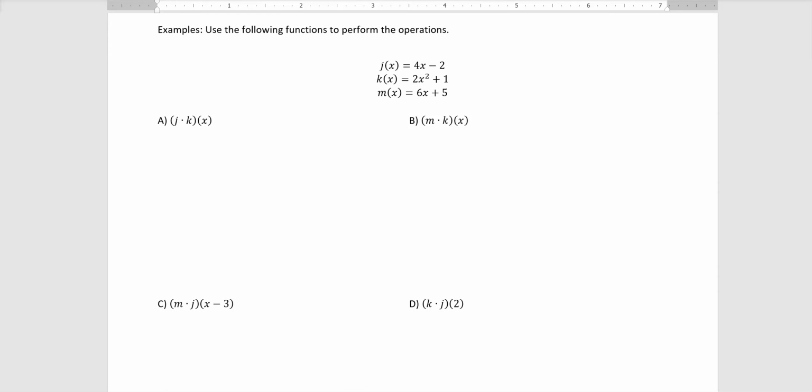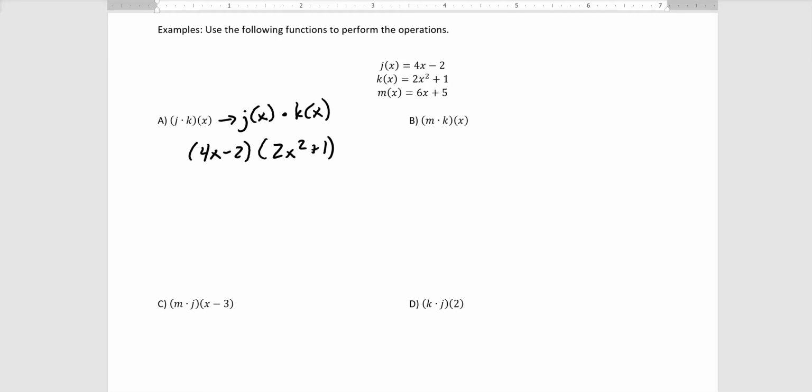So let's look at letter A here. They give us three functions, j of x, k of x, and m of x. This first one is j times k of x. So that would be j of x times k of x. So j of x is 4x minus 2. k of x is 2x squared plus 1.